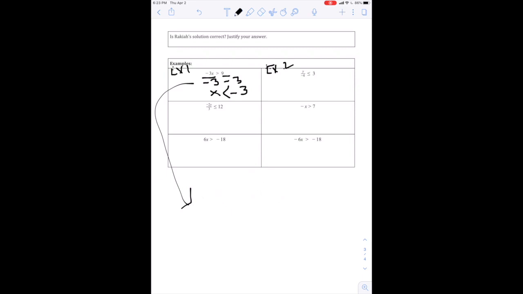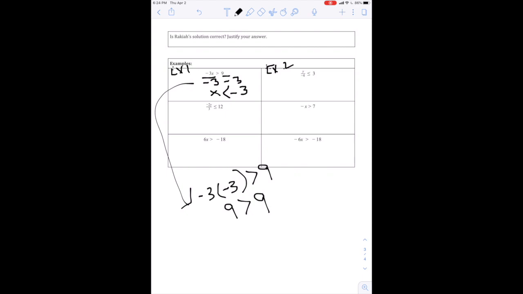Okay, so if I substitute negative 3 in place of the x, then I get negative 3 times negative 3 is greater than 9. 9 is greater than 9. I know that is not true because it has to be 10 to be greater than 9. But over on the left, I've said that x is less than negative 3, not that it's equal to negative 3. So be careful when you're doing those checks.